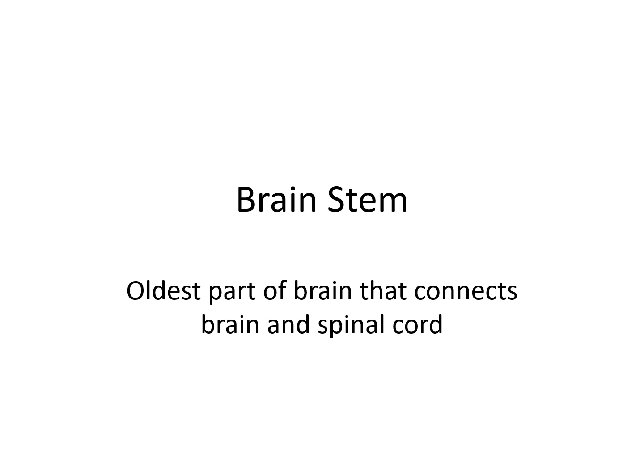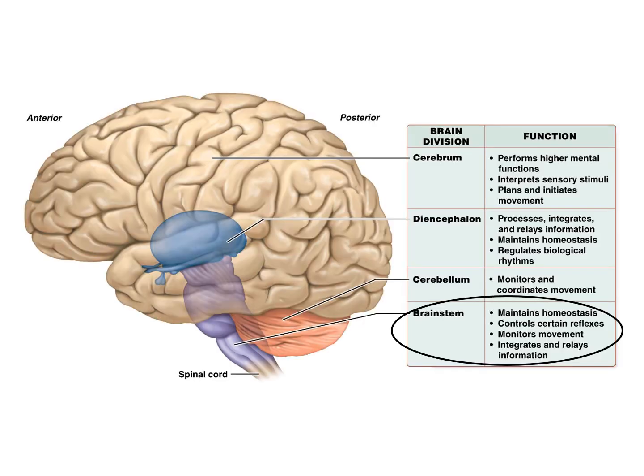Finally, we have the brainstem, which is sort of like a little stick that's sticking out from the bottom of the brain that continues with the spinal cord. And it's the oldest part of the brain, and as mentioned, it connects the brain and spinal cord. Since it is the oldest part of the brain, it has the basic functions of controlling body functions.